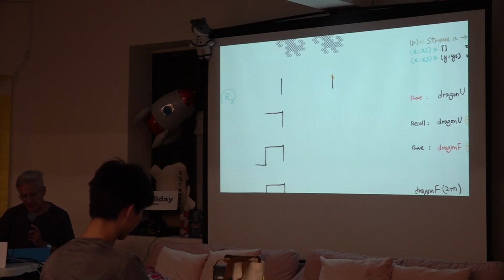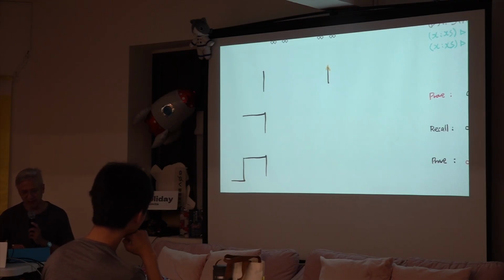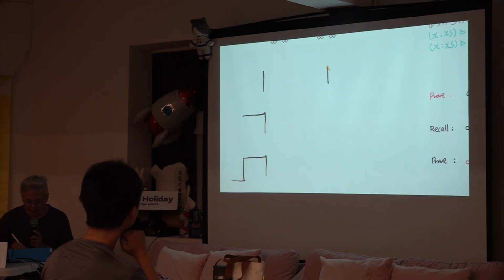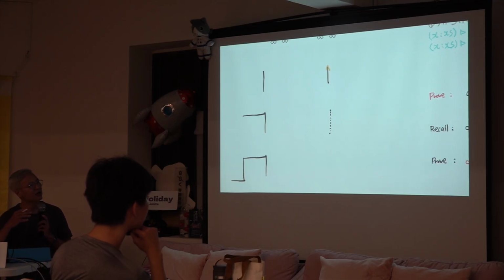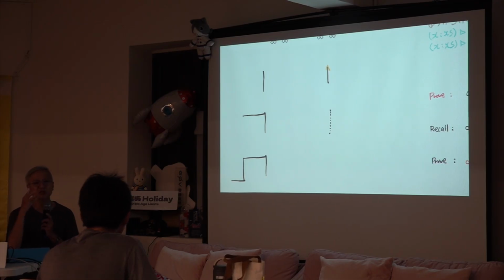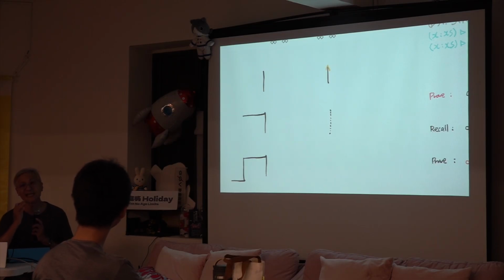But there's an alternative way. You also start with a single line, which is the level 0 dragon curve. I'm going to draw the previous level in dotted line like this. Then in this approach, in every step you add one turn, one crease, one fold to each of the line segments.